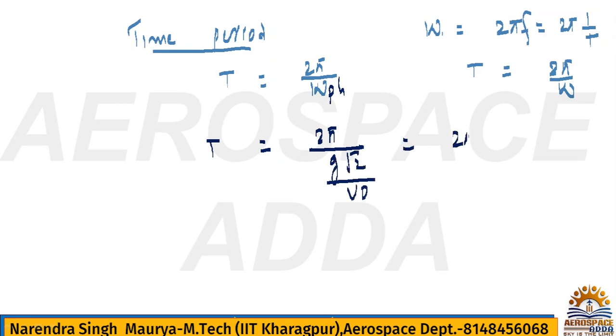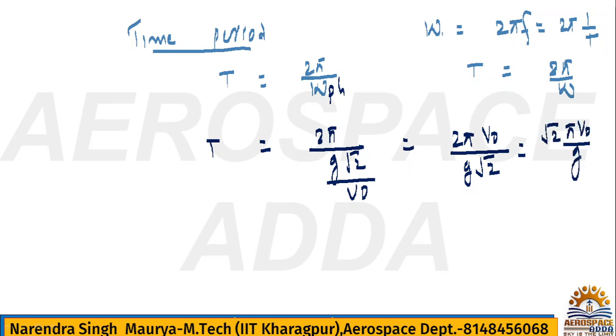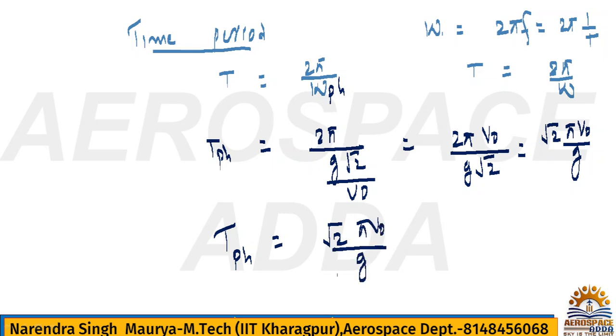You can write 2 pi v naught divided by g root 2. If you check, root 2, one cancels out, so what you will have is root 2 pi v naught by g. This is very special. This is the time period of Phugoid. Time period of Phugoid, root 2 pi v naught divided by g.